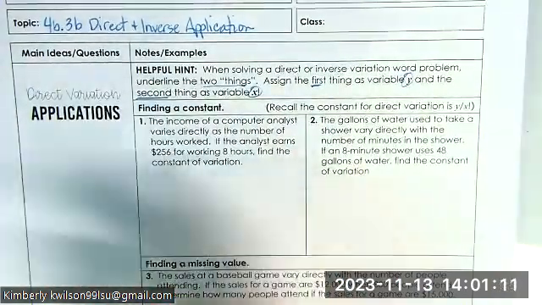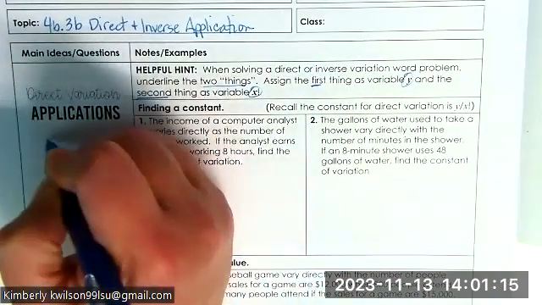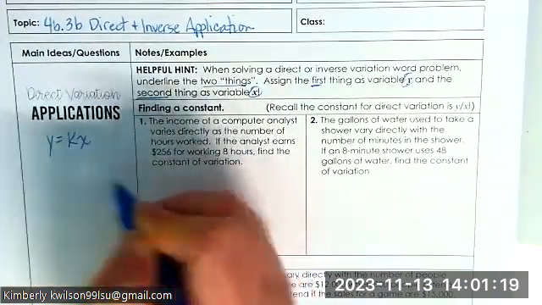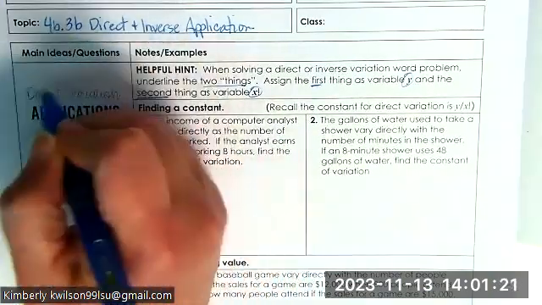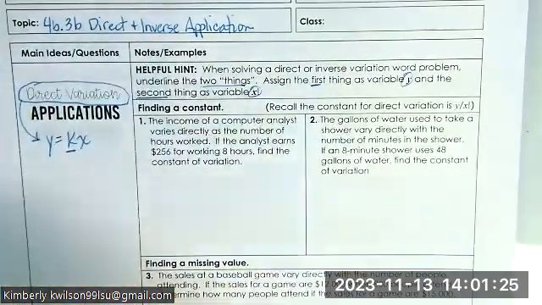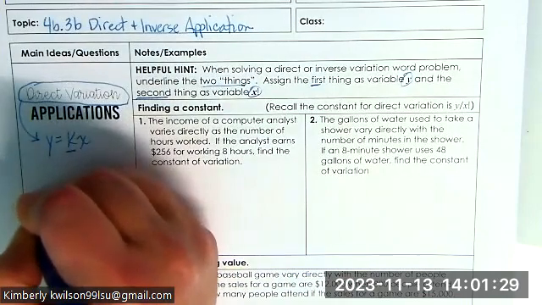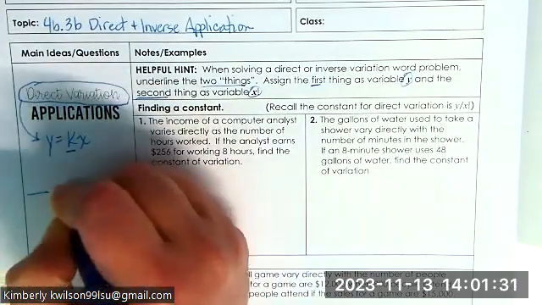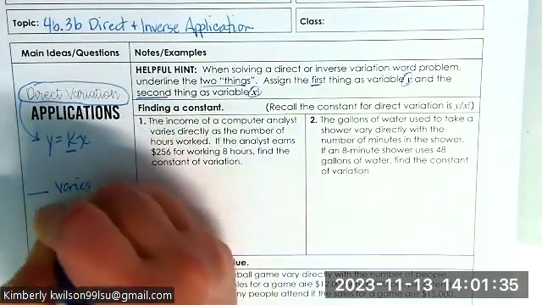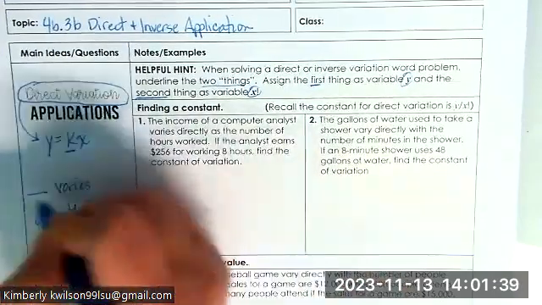A thing to remember, these are going to be direct variation problems that we're looking at. So that means our equation is going to be written in the form of y equals kx because it is direct variation. Another way you're going to see the verbiage that will help is you'll have something written and then it'll say something like "varies directly" and then something else written.